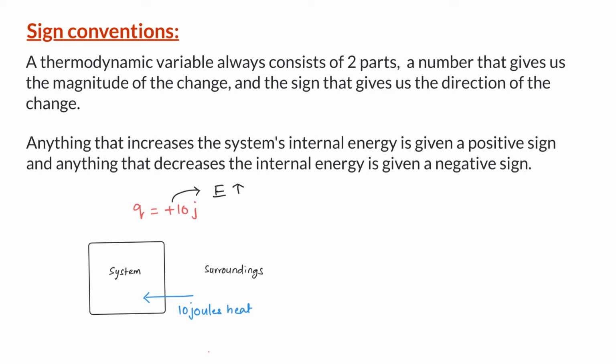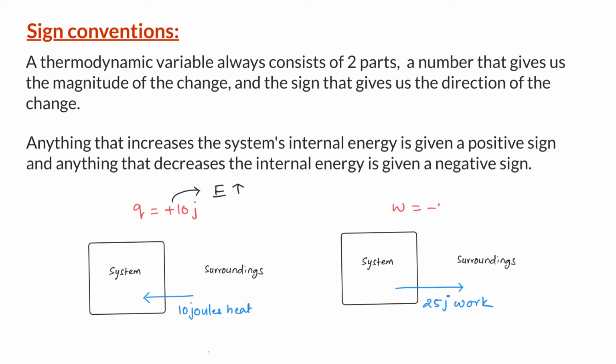Conversely, if 25 joules of work is done by the system on the surroundings, then W is equal to minus 25 joules. The negative sign suggests that the work done decreases the internal energy of the system, which means the work is done by the system.